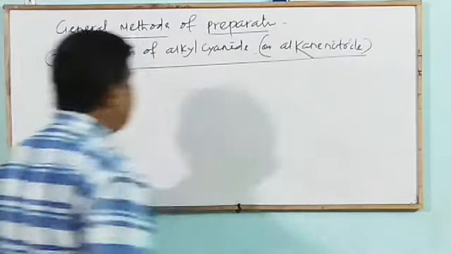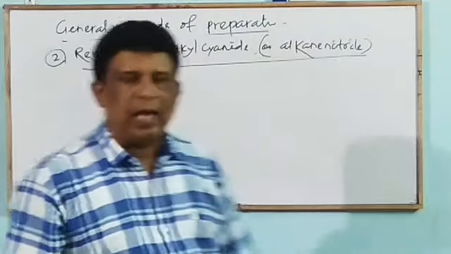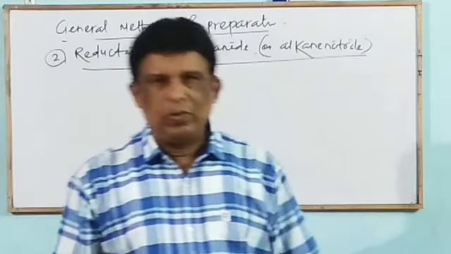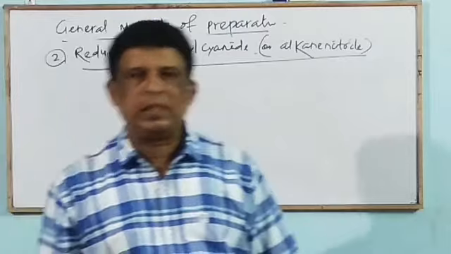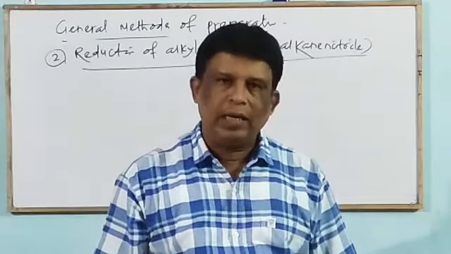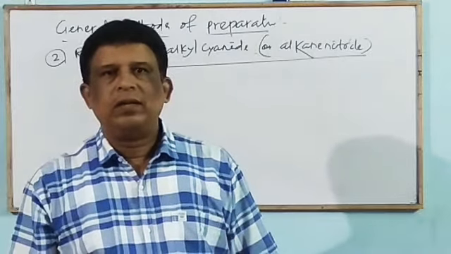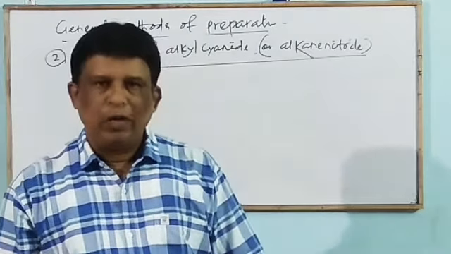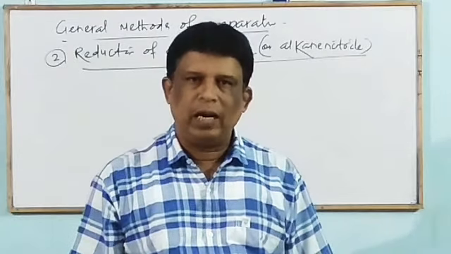What is the statement? When alkyl cyanide or alkane nitrile is reduced, it forms primary amine, aliphatic as well as aromatic, either catalytically or chemically, with lithium aluminum hydride or in presence of sodium/ethyl alcohol.